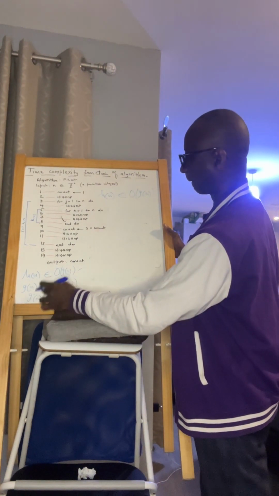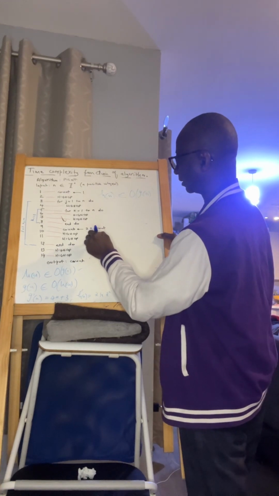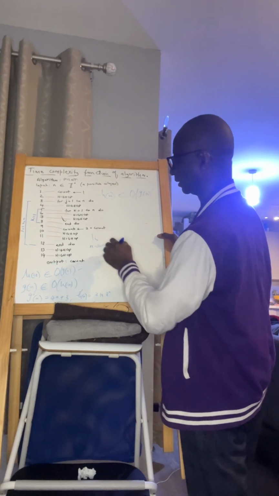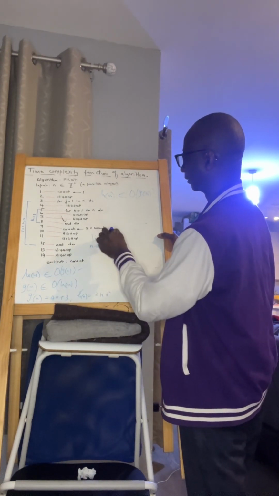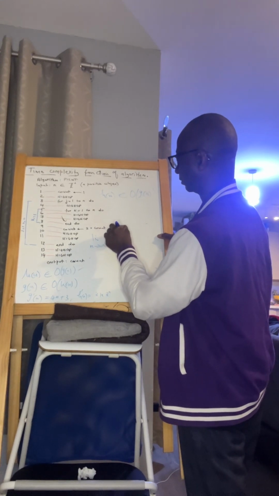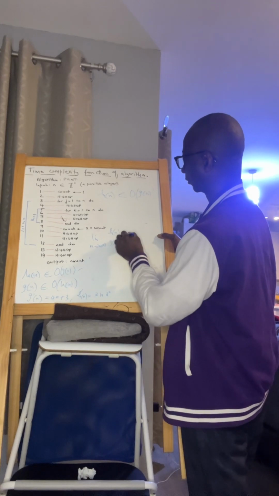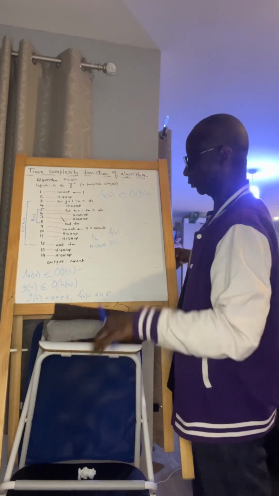Now we have the limit as n tends to infinity, h of n over g of n. So again, if we differentiate, we'll do the same thing again.